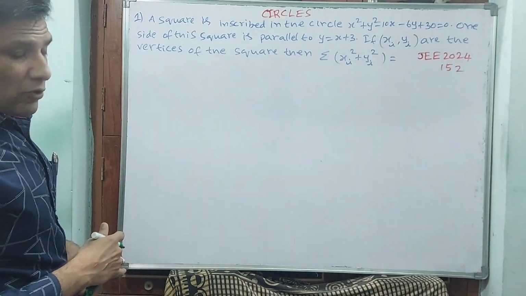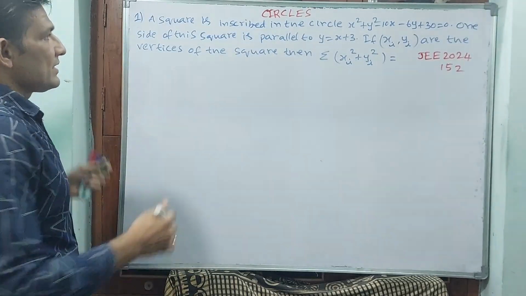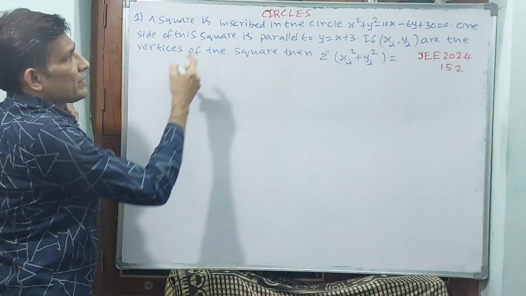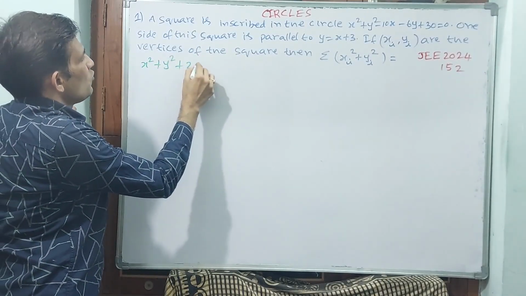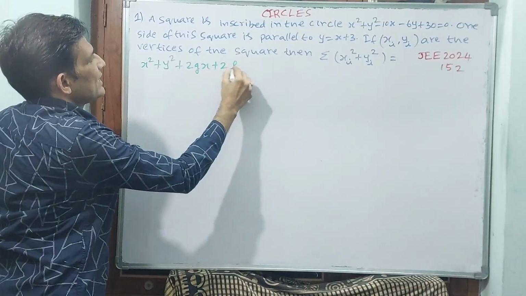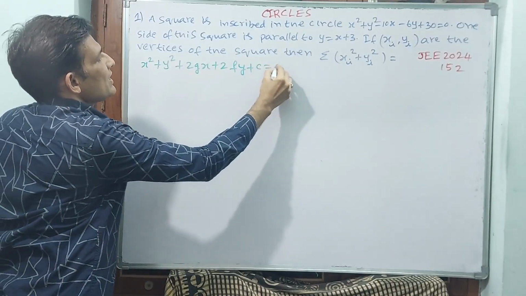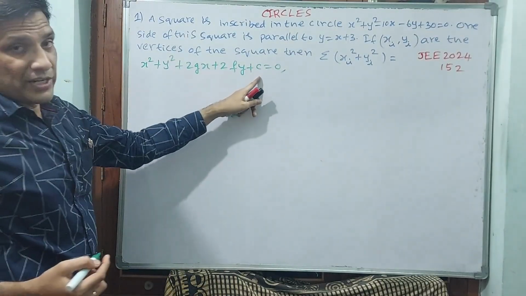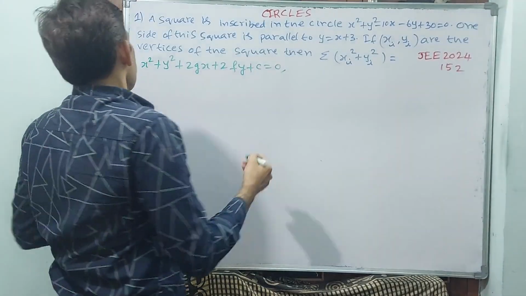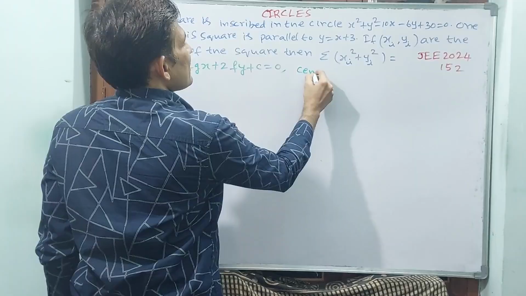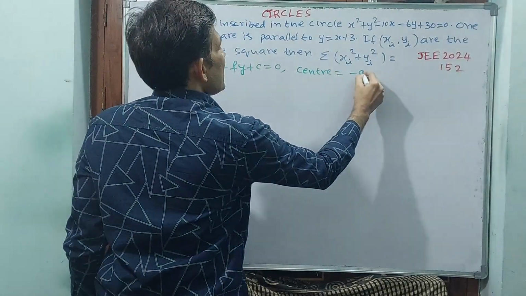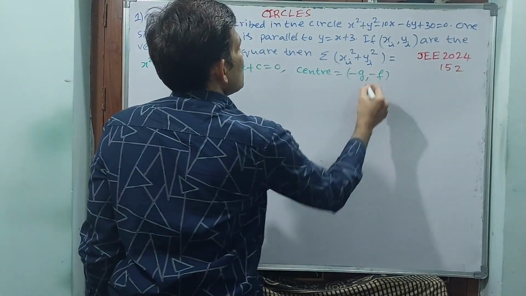See, before drawing the figure itself, we have to do some calculation. Why? Because the general equation I am writing for a circle is x square plus y square plus 2gx plus 2fy plus c is equal to 0. C is here constant, not center. In this equation, center is equal to (minus g, minus f).